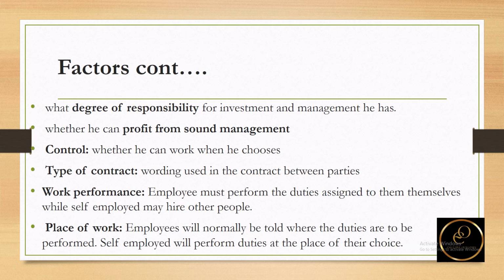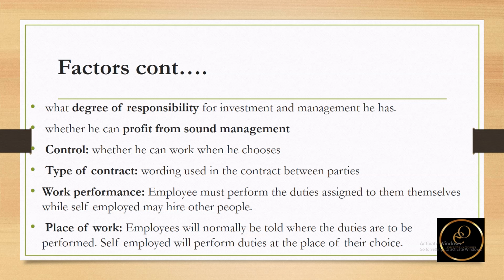For a self-employed, you can be awarded a contract and you don't need to be particular about when to start work. As long as you carry out the task within the agreed time as per contractual terms, it doesn't require the self-employed to start as early as 8 hours every day and knock off at 17 hours. A self-employed can come at 10 hours, for instance, and work all the way to 20 hours.